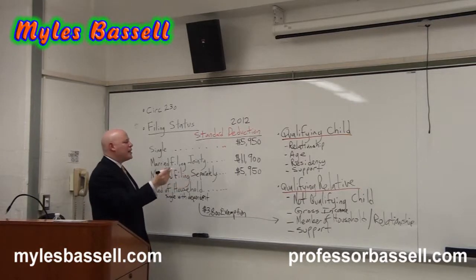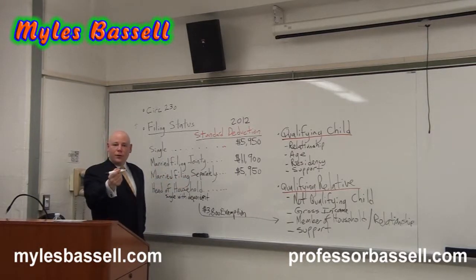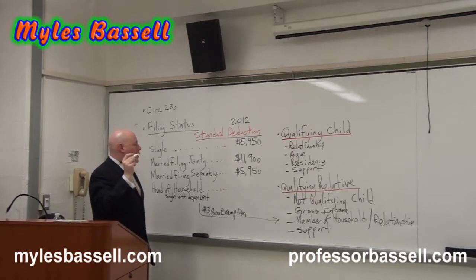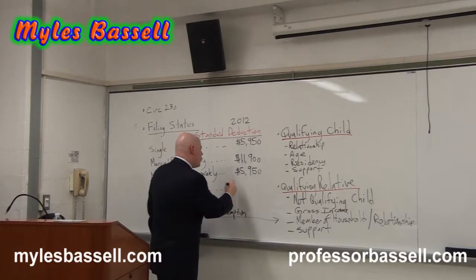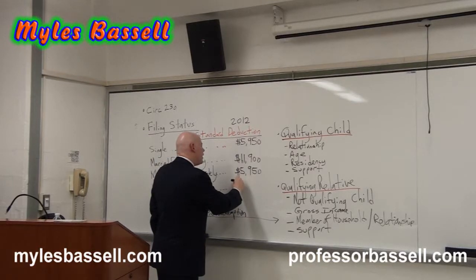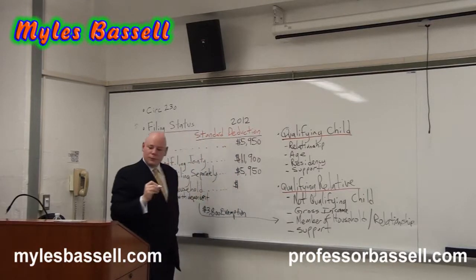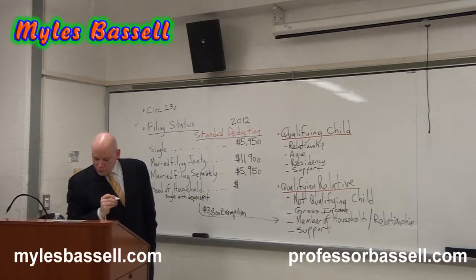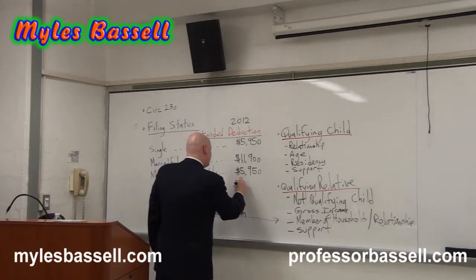Head of household, what is the standard deduction for head of household? The standard deduction for a head of household is 8,700. 11,900? No, 8,700. Yes, 8,700.